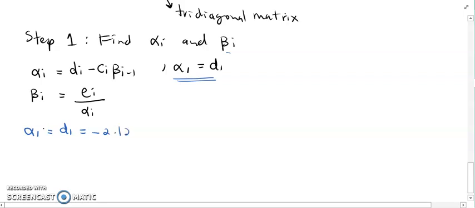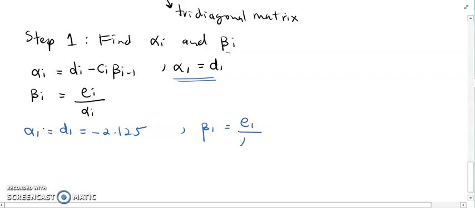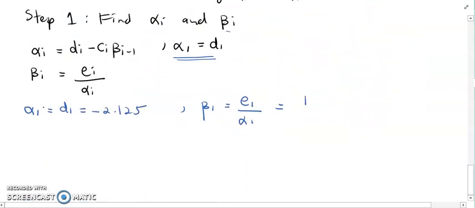Then we find beta 1, which is E1 over alpha 1. E1 is 1, so 1 over negative 2.125.